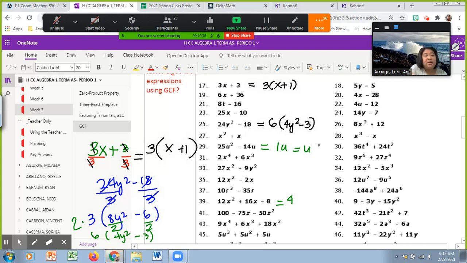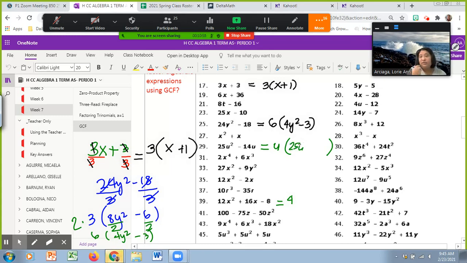Oh, wait, sorry. I didn't finish number 29. After getting the GCF, I forgot to write down the answer in parentheses. My bad. So you said u, and then what's the answer after dividing by u? So you take out 1u from here, you're going to get 25u, right?